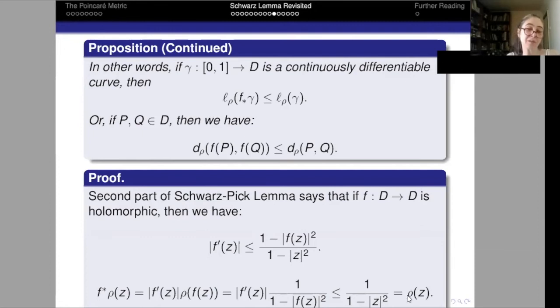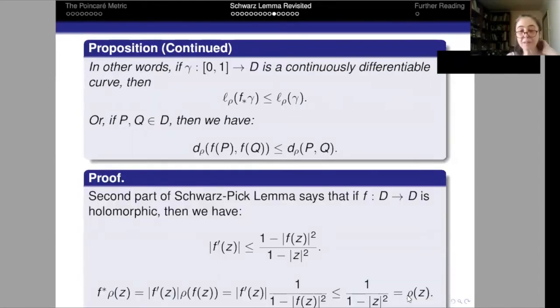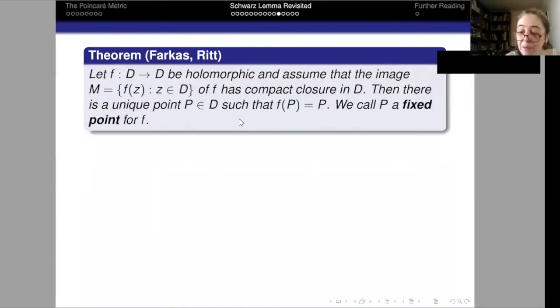And this is rho z. So this is nothing but rewriting the Schwarz lemma in terms of our new definitions. The others, the length of gamma and the distance formula, are just writing the definitions of length and distance formula, nothing more.